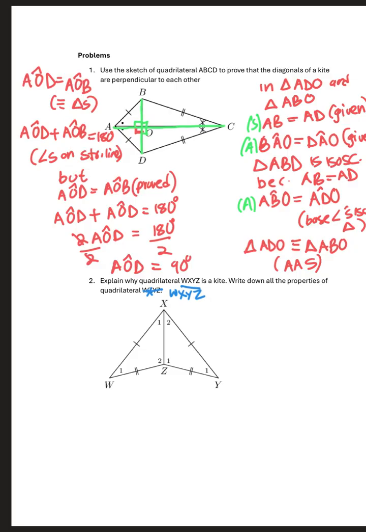So we can see that XW is equal to XY, and we also see that WZ is equal to ZY. Now these are pairs of adjacent sides, and they are equal.